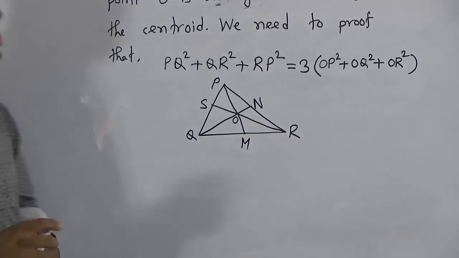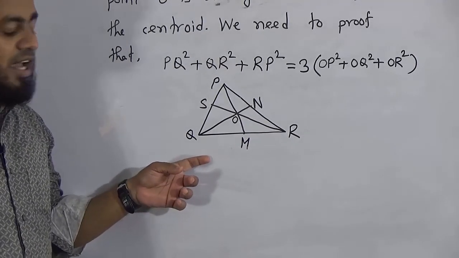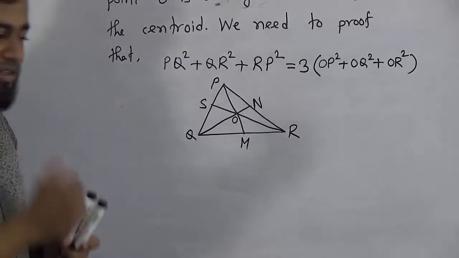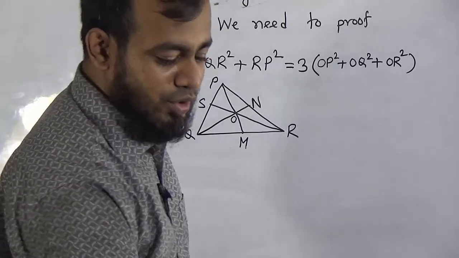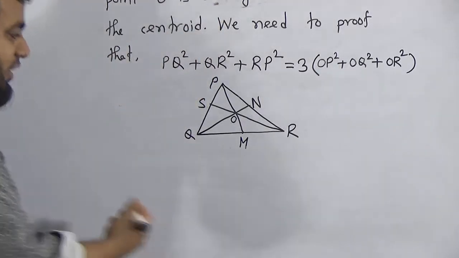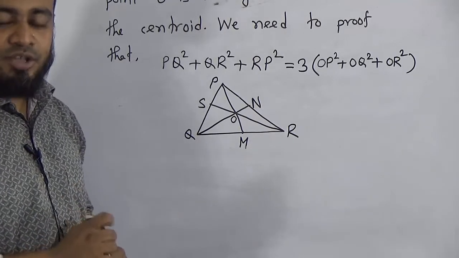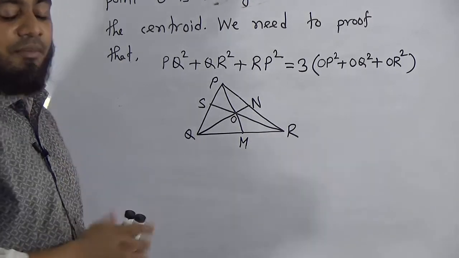Now, my dear students, to do the proof, we know a relationship between the sides and the medians. What is that relationship? 3 times the sum of squares of the 3 sides is equal to 4 times the sum of squares of the medians.